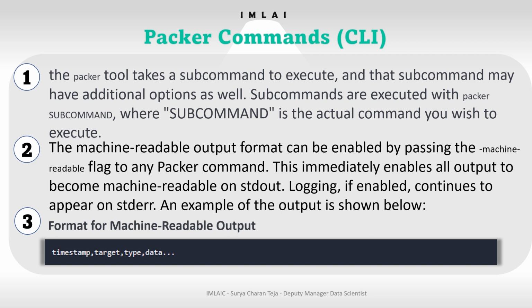This makes it more convenient to parse using standard Unix tools such as AWK or grep, in addition to full programming languages like Ruby or Python. So now let's look into the formats one by one.